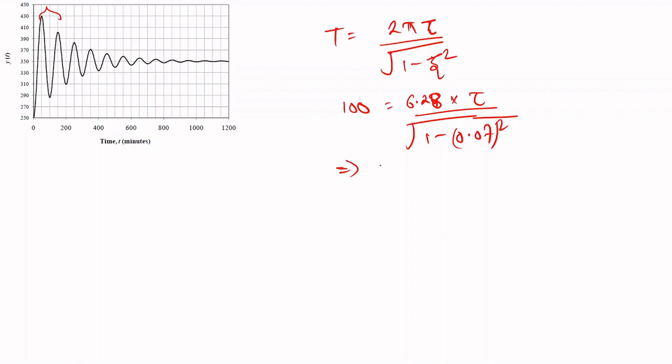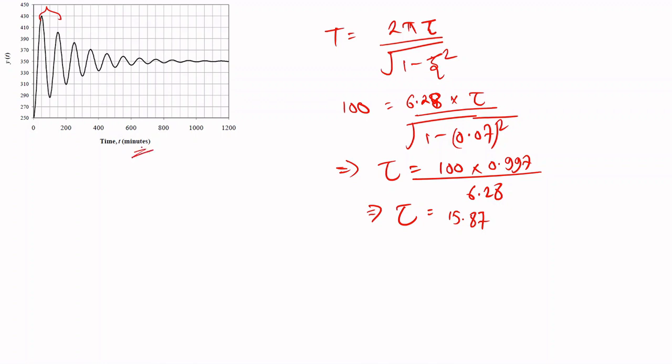So from here we can write this tau as 100 into 0.997 upon 6.28. So we can calculate the value of this tau as 15.87.